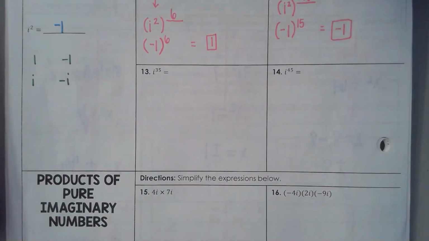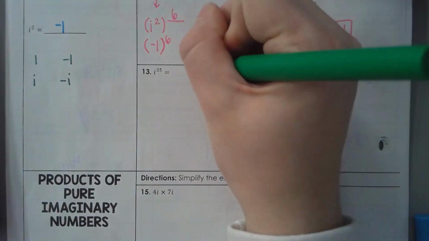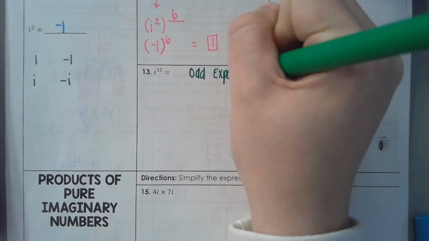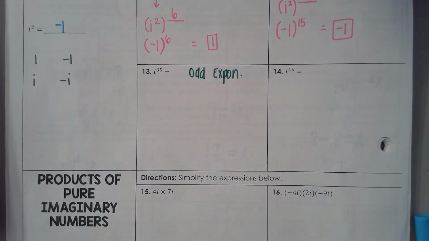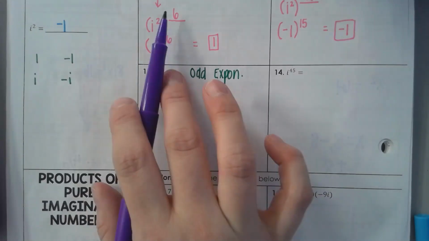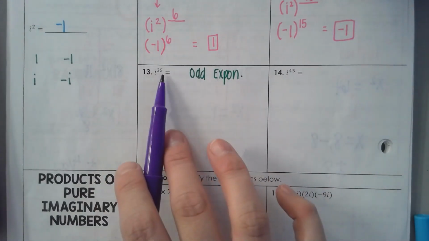Now 13 and 14, these have odd exponents. So you have one step at the beginning extra that you need to do. This that we did up here with the exponents only works with an even one.